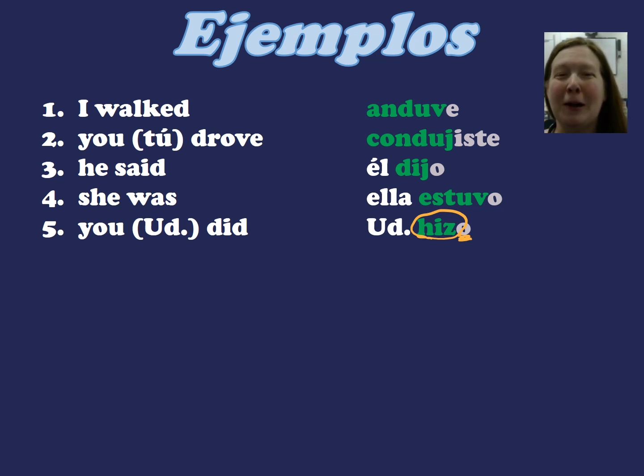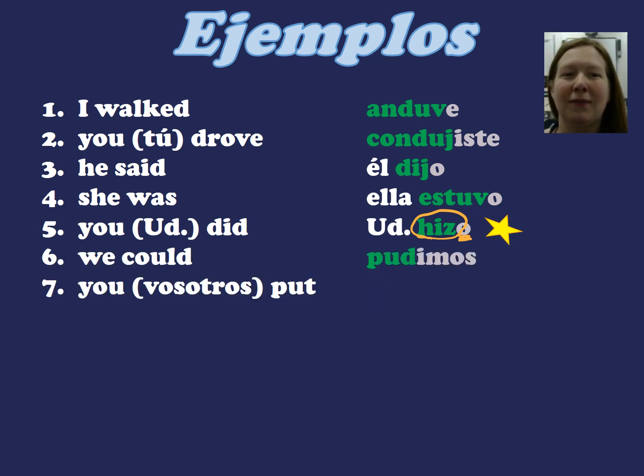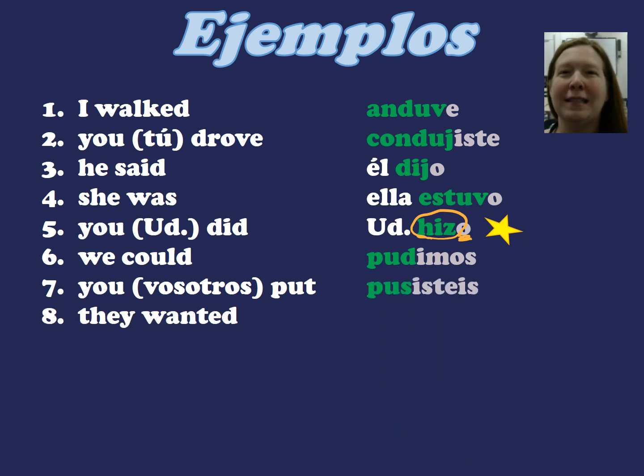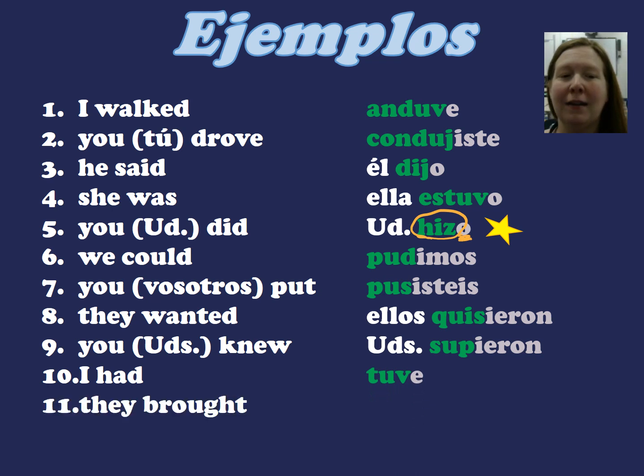All right, continuing with our examples. We could, pudimos. You put, using the vosotros, pusisteis. They wanted, quisieron. Ellos quisieron. You knew, using ustedes, ustedes supieron. I had, tuve. They brought, trajeron.